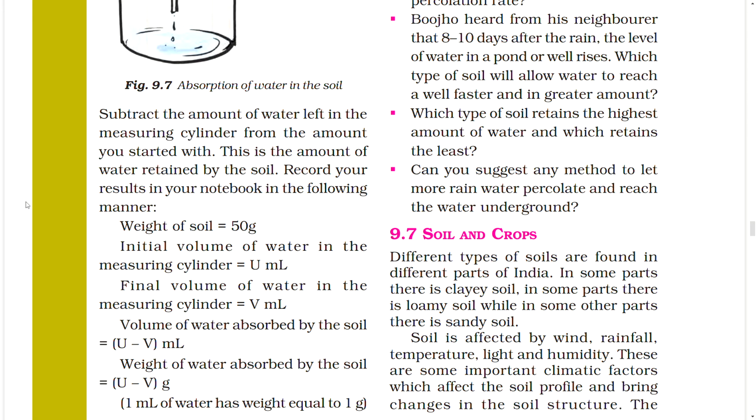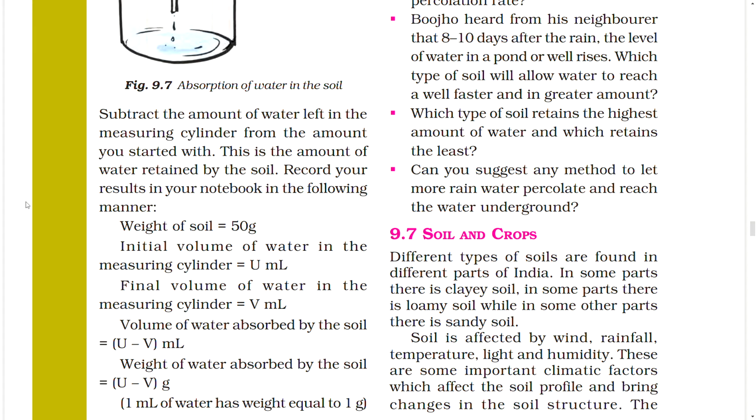Subtract the amount of water left in the measuring cylinder from the amount you started with. This is the amount of water retained by the soil. Record your results in your notebook in the following manner. Weight of soil equals 50 gram. Initial volume of water in the measuring cylinder, U ml. Final volume of water in the measuring cylinder, V ml.